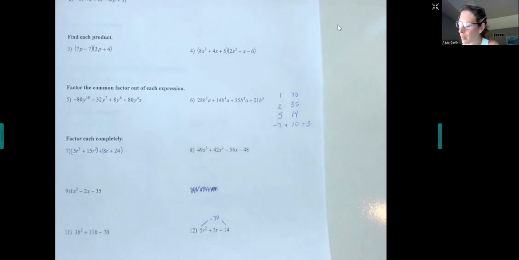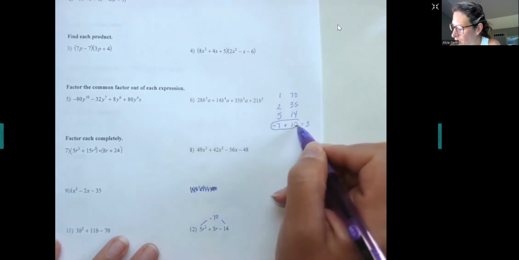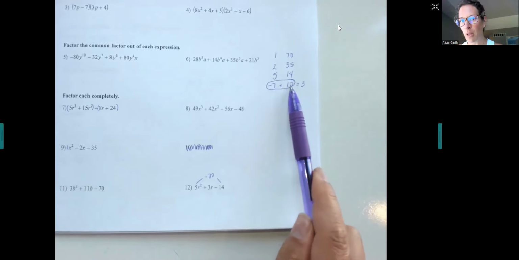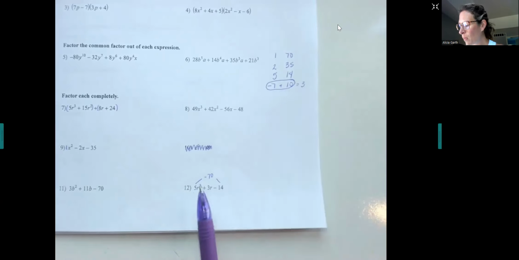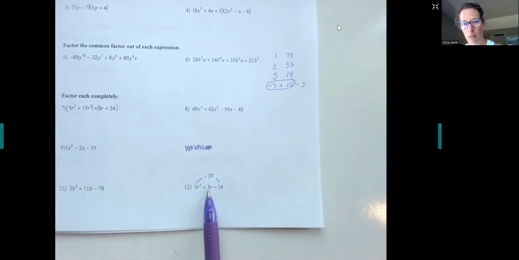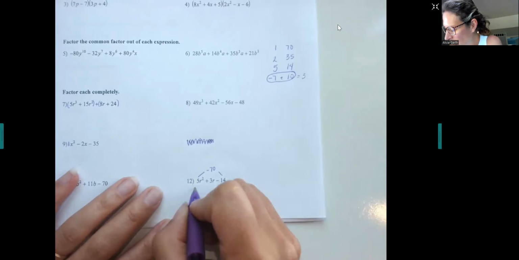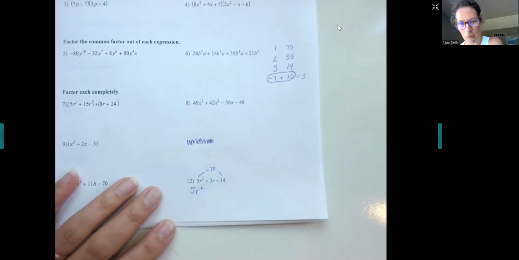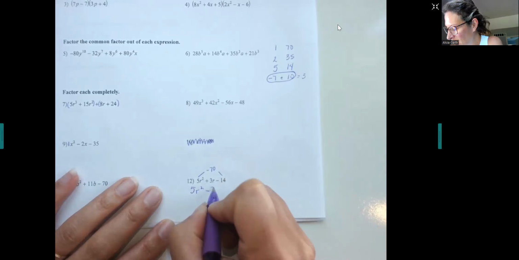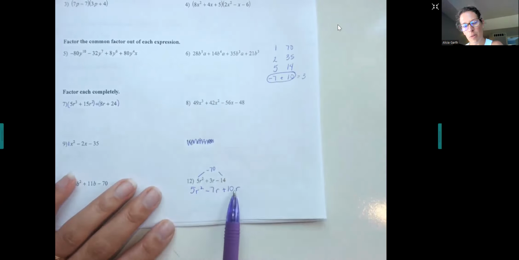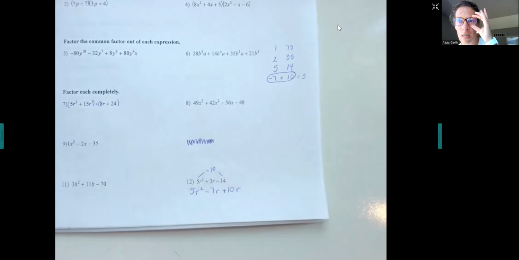What we're going to do now is use those numbers. Because I just showed you that negative 7 plus 10 equals 3, instead of using 3r, we are going to change it. We're not changing the equation. We're just changing it so that it's something we can use. I'm rewriting the first term. And instead of 3r, I'm doing negative 7r plus 10r. You should agree that negative 7r plus 10r is 3r.